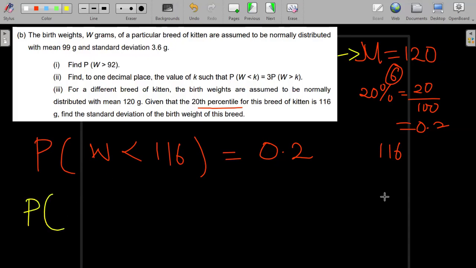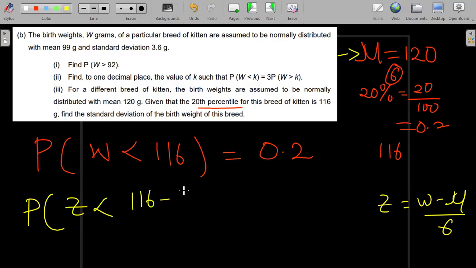If I standardize W, remember Z is equal to W minus mean over standard deviation. So I'm going to get Z less than 116 minus the mean, which is 120, over the standard deviation, which I don't know, is equal to 0.2.